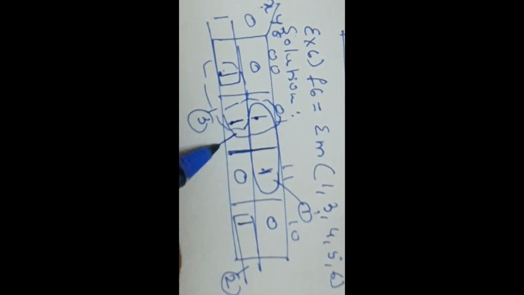So this one is remaining. Now this can be paired with this, or this can be paired with this. So if paired with this, let us write 3. Or it may be paired with this. Let us write this as 4. Any one will have to be considered.